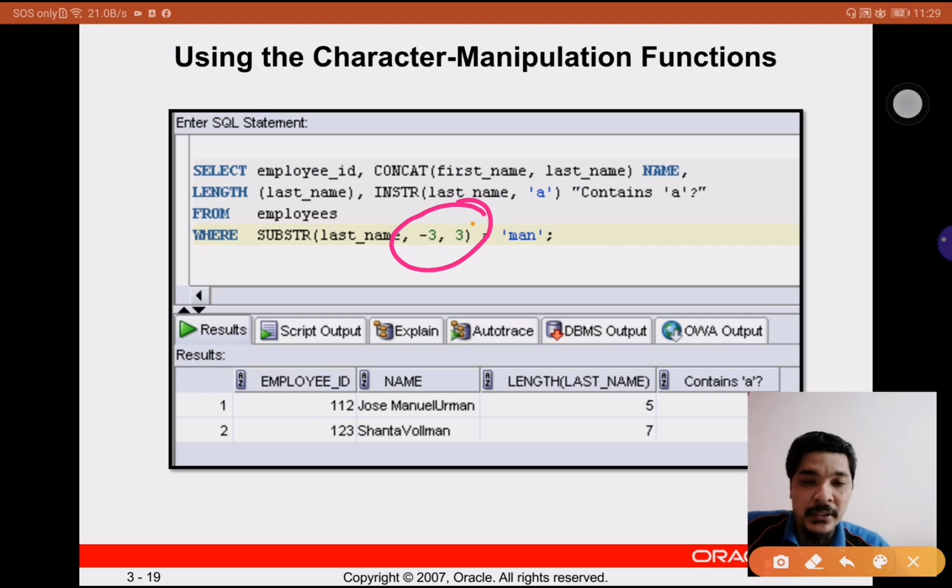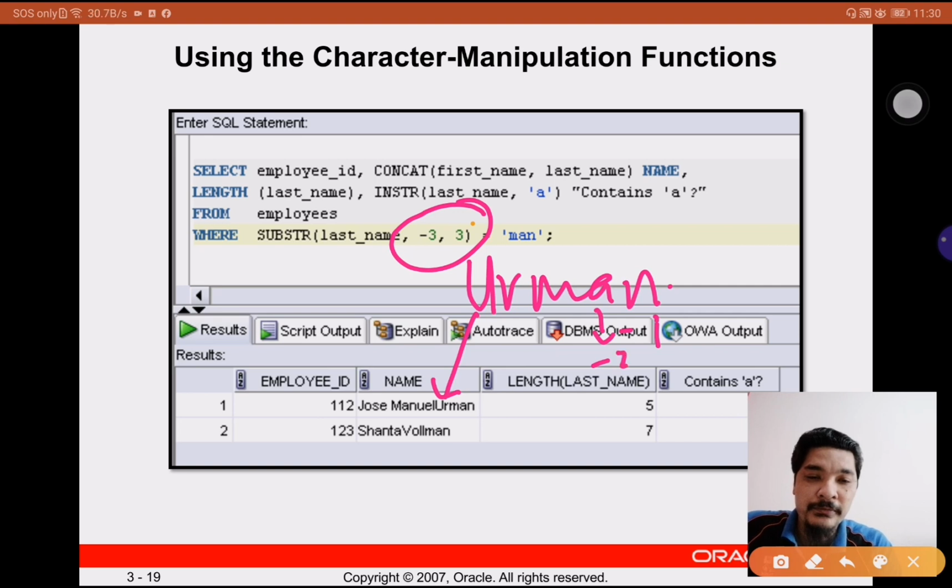If we have an example, a month, -3 means it will start from the right side. So this is -1, this is -2, this is -3.